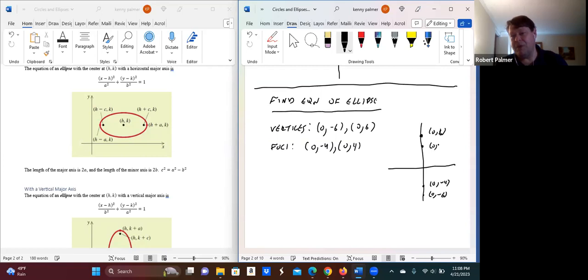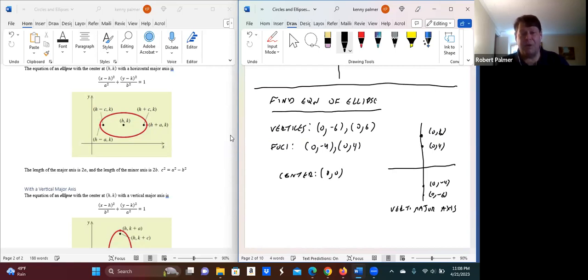So hopefully what you can see here is that we have a vertical major axis. We're not really sure yet how wide it is. A vertical major axis, and it's on the axis itself. What that also tells us is our center is (0, 0).